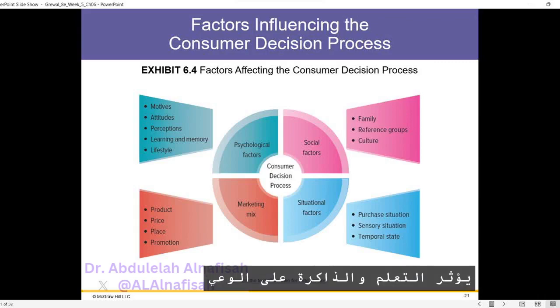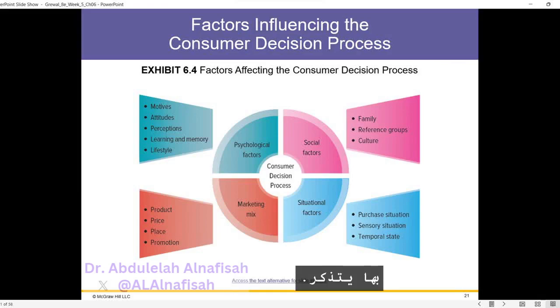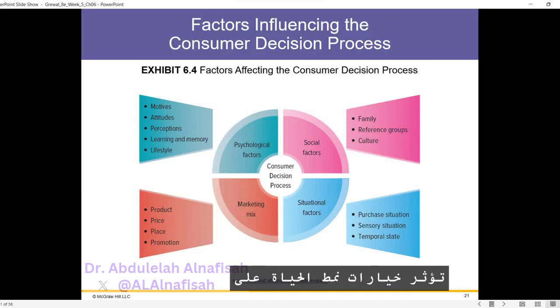Learning and memory influence brand awareness, recognition, and recall. Lifestyle, the pattern of living that reflects consumers' values, preferences, and activities. Lifestyle choices impact the types of products and services consumers are drawn to.